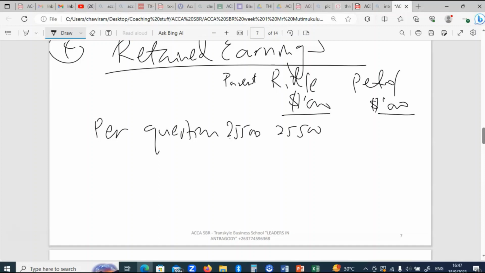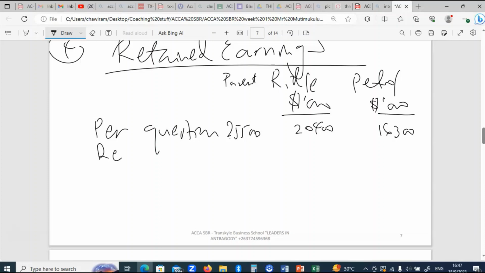Then for Redo we've got 20.4, and for Petrol 16,300.